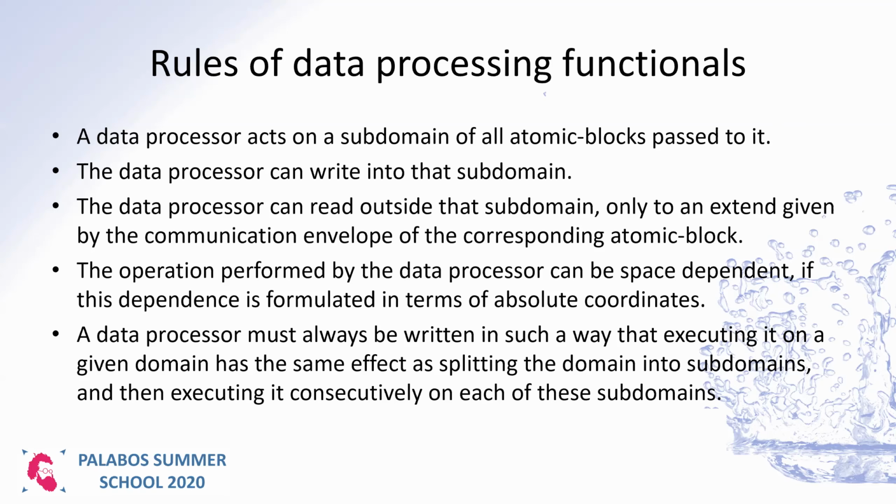This is exactly what is going to happen, because Palabos is splitting the full domain into subdomains and then executing your data processor many times subsequently. If you understand these rules and follow them, all your data processors are going to work fine. And you do not need to care about issues of parallelism, because parallelism is taken care of by Palabos. Any question?